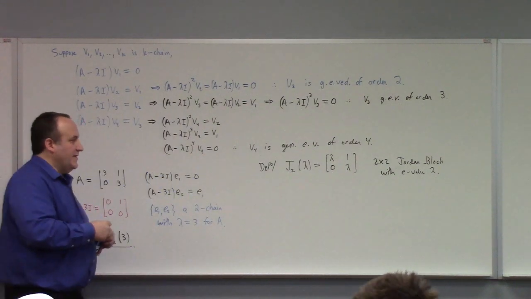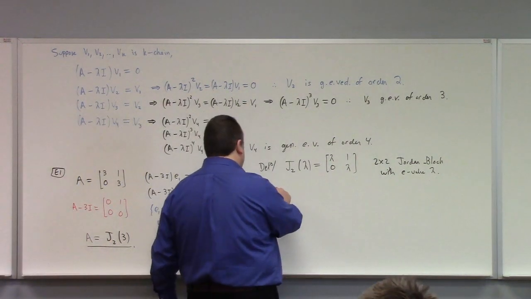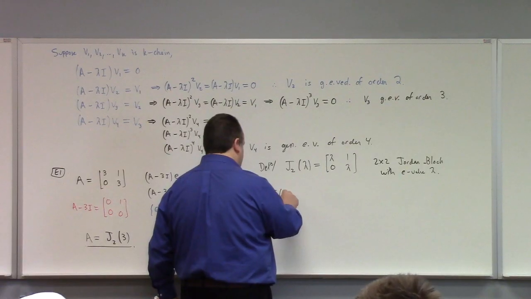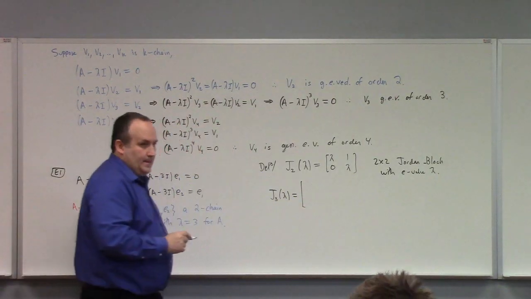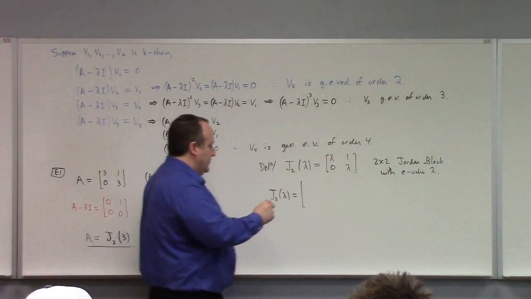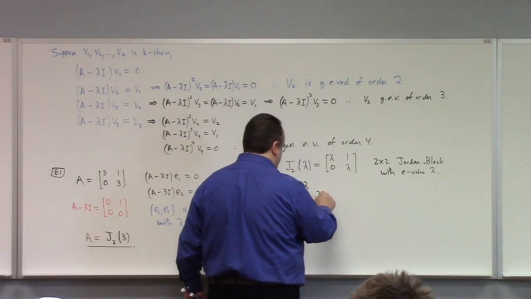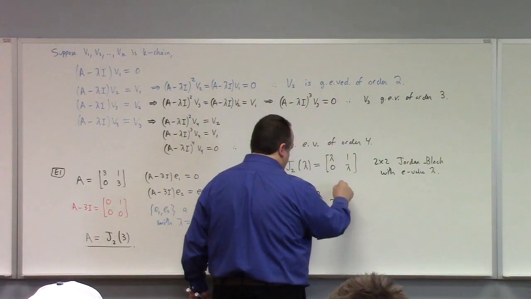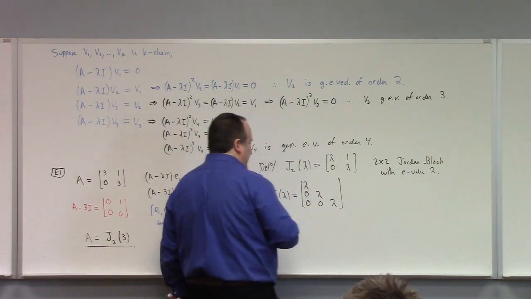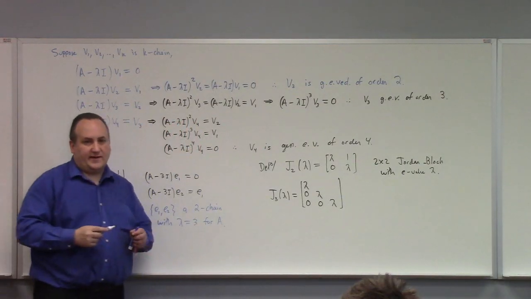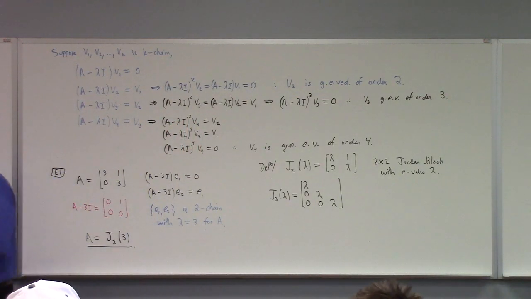All right, what do you guys think the 3 by 3 Jordan block looks like? I'll get you started. We're going to put lambdas down the diagonal. We're going to put zeros below the diagonal. So the Jordan matrix is always upper triangular, right?